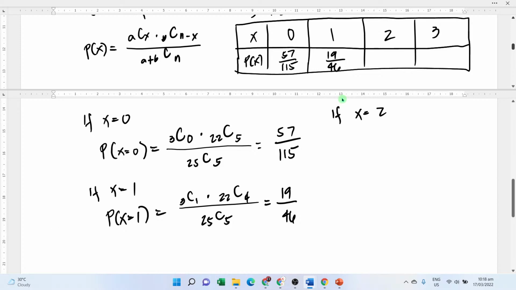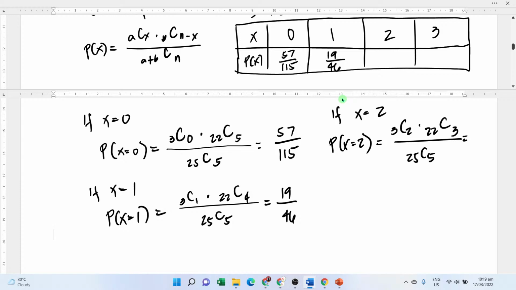If x equals 2, it's the same. The probability will be 3 combination 2 times 22 combination 5 minus 2, then that will be 3. Still we have 25 combination 5 in the denominator.